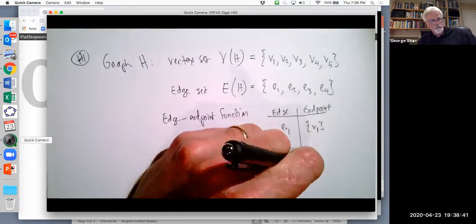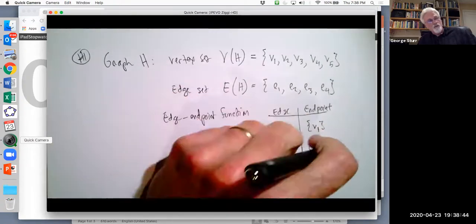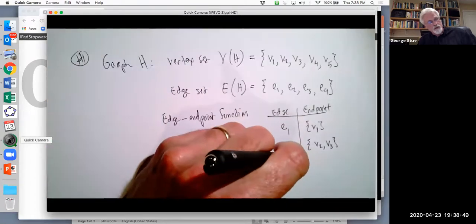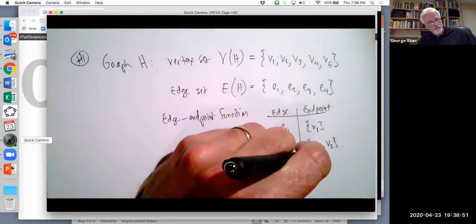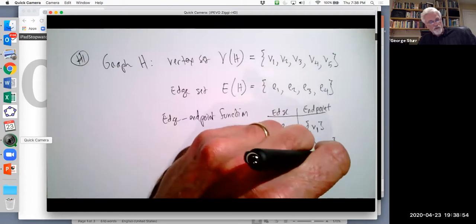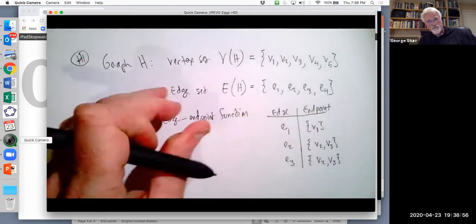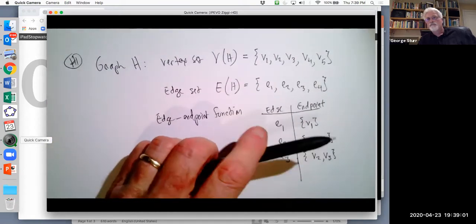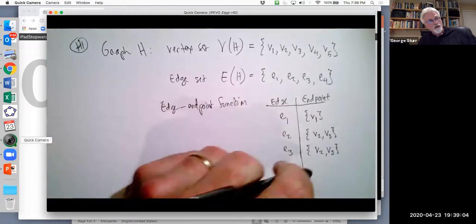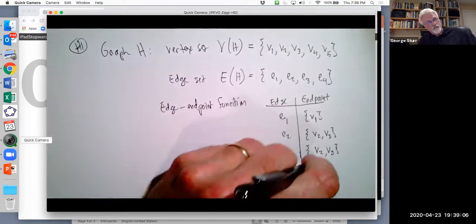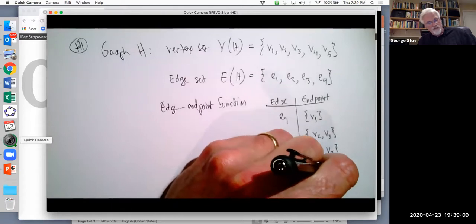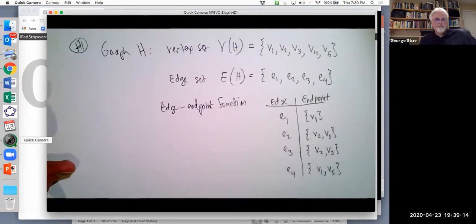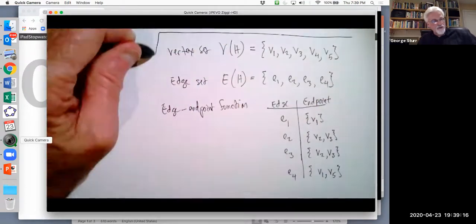E2 with V2 and V3. Edge 3, V2 and V3. Notice they're the same. And then edge 4 with V1 and V5. And that's it. That is your graph H.